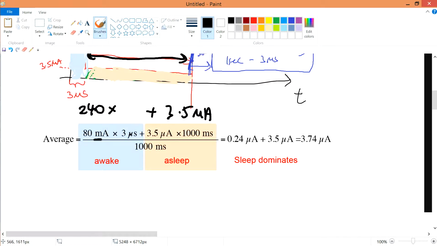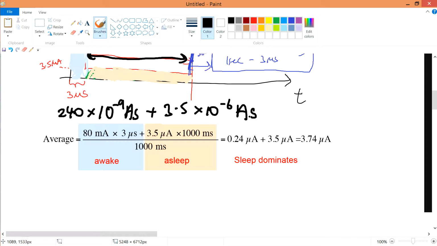Multiply by milli times micro, which is times 10 to the negative 9 ampere second. And we should write this 3.5 microampere as 3.5 times 10 to the negative 6 ampere second.